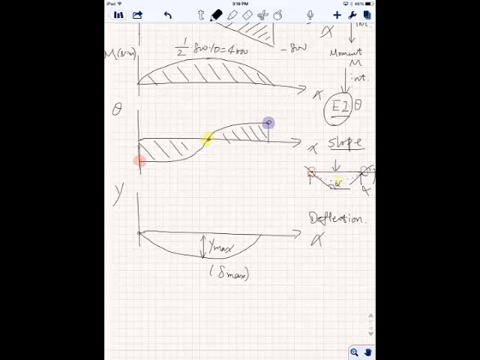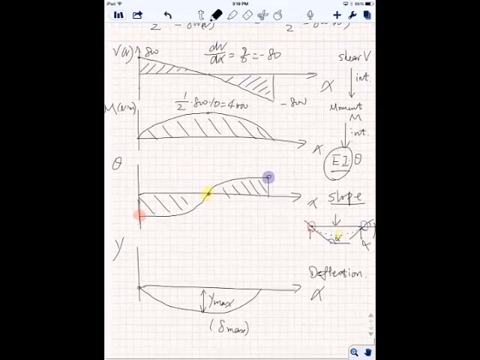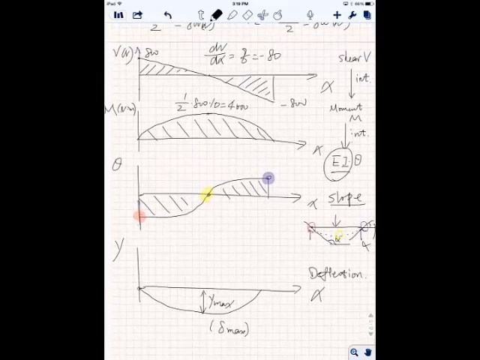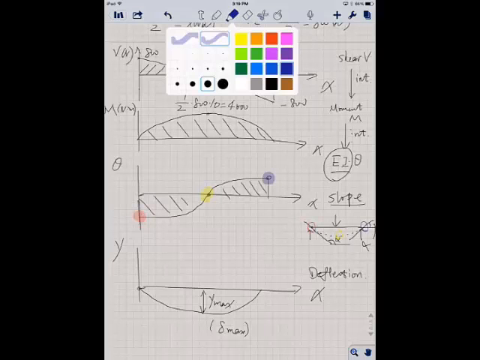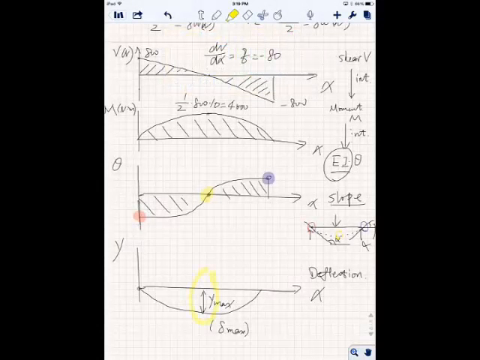Okay. So now, why we're doing this? Why this is important? Because when you design a material engineering system, especially when something is rotating, you want to know where the maximum deflection is on loading. Because when you have maximum deflection, chances are it might interfere with other components in the system, right?